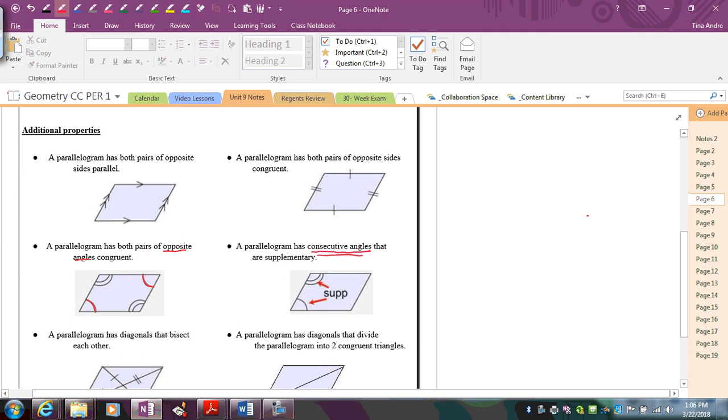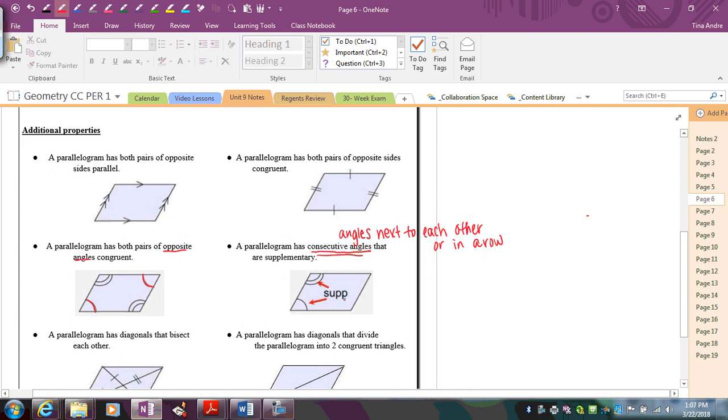So consecutive angles, or angles next to each other, or in a row, all mean consecutive.